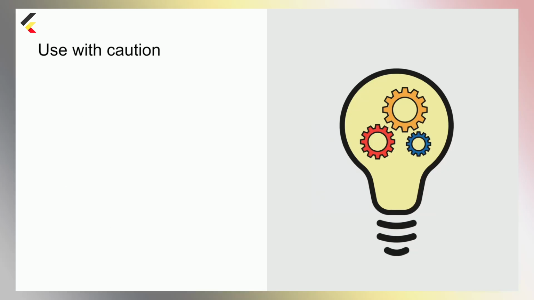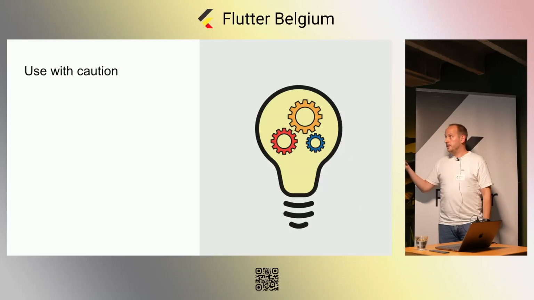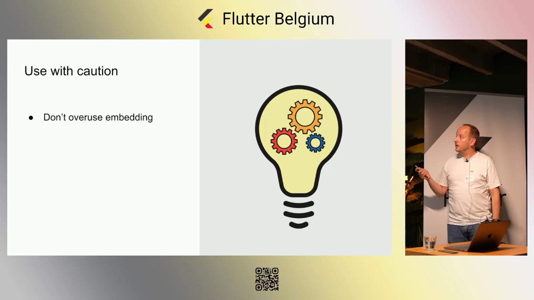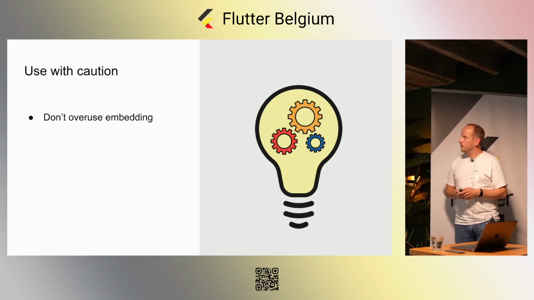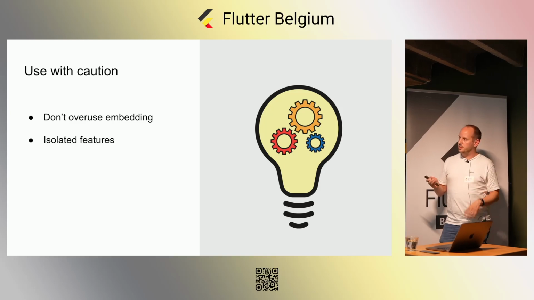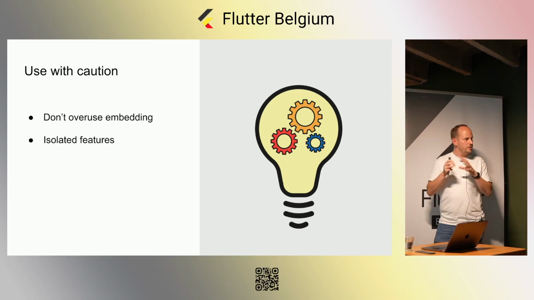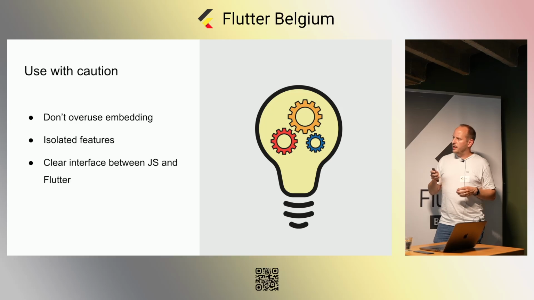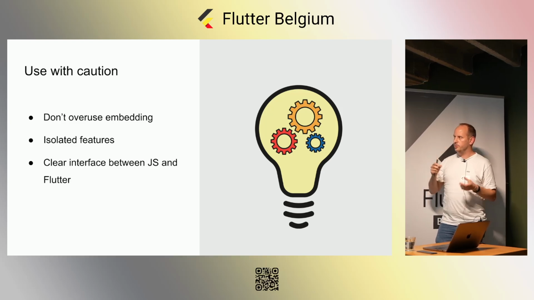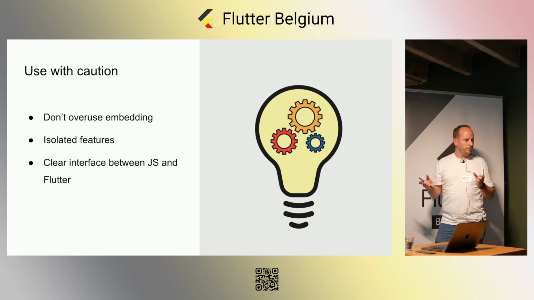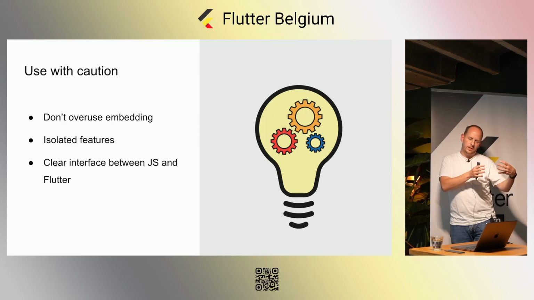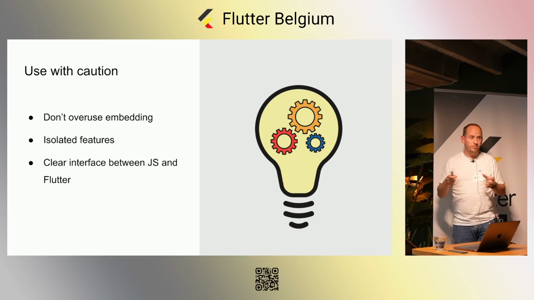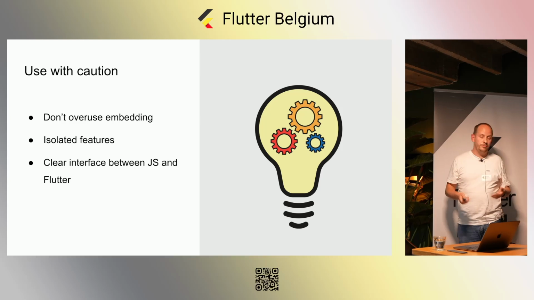And to close off, one thing I just want to say is use this with caution. Don't overuse this embedding. I would suggest in general to use it for isolated features mostly, and try to provide a clear interface between the JavaScript part and the Flutter part, because the chances are that both the host app as well as the Flutter app will be managed by different people, by different teams, maybe not now, but maybe in the future.